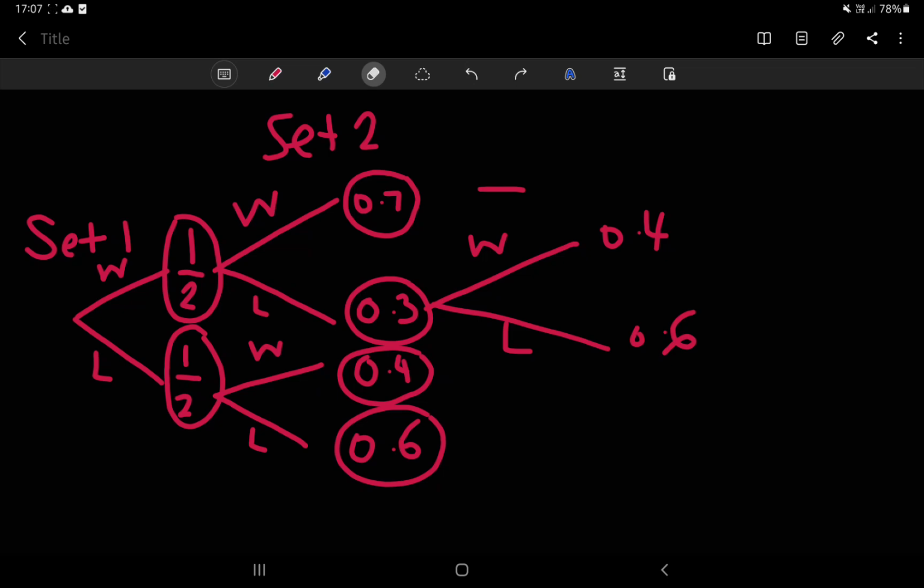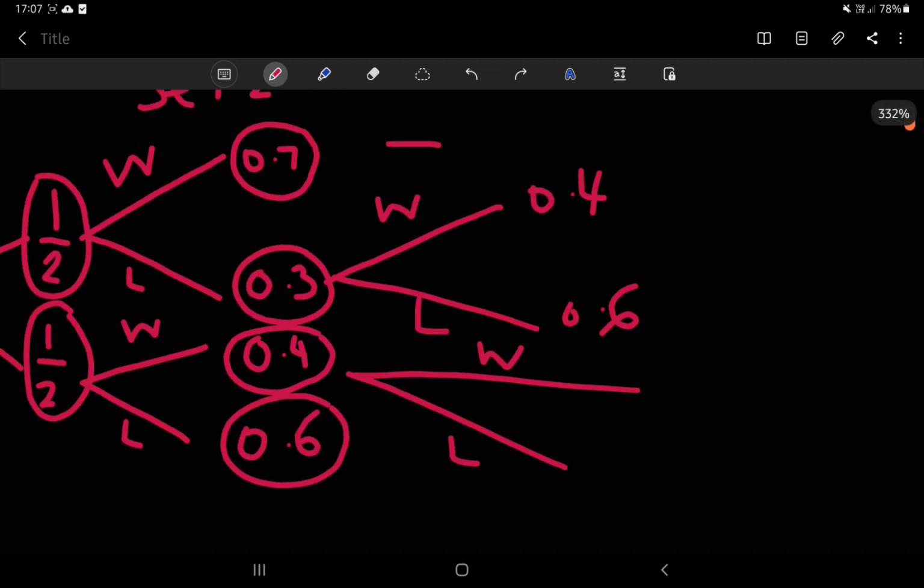And then the second one is this. Win, lose. She already lost once in set 1, so she must win the third set so that she wins the overall game.